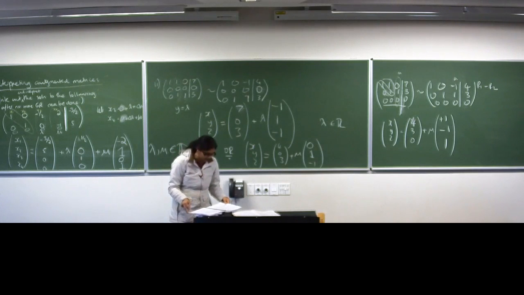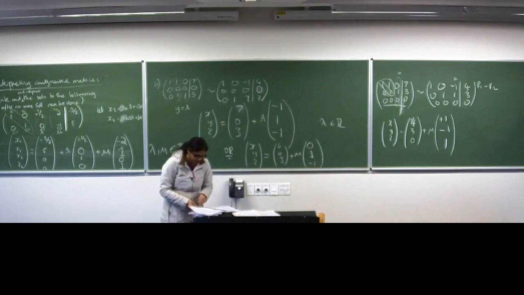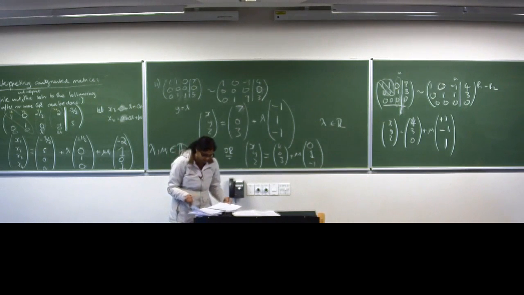But in the end, we end up with the same values. All right? And then they even say what it looks like geometrically for the 3 by 3. And then we're going to talk about linear combinations just now.